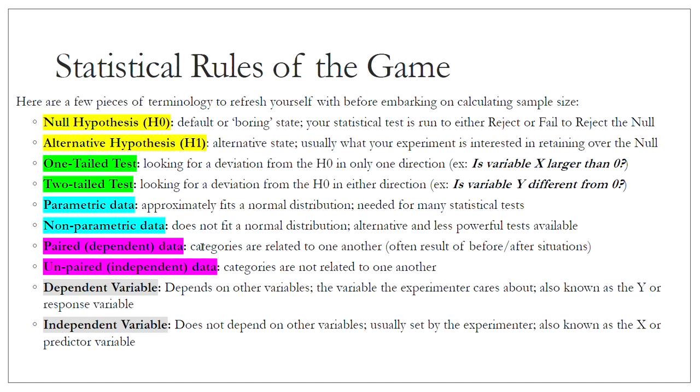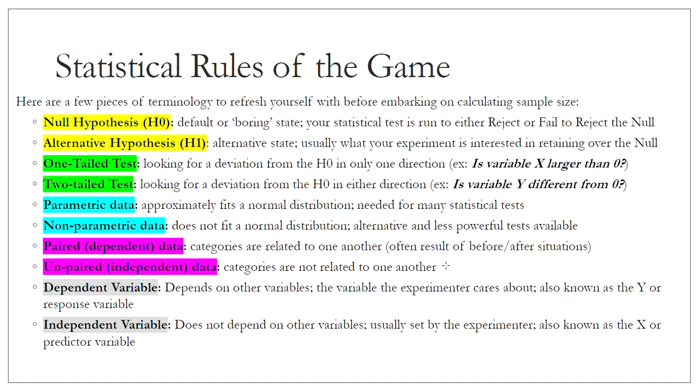Also, paired dependent data categories are related to one another, often results of before and after situations. They could also be the same person measured, how big is my hand and how big is my foot. Well, I am the paired information, and it's my hand and my foot size. Unpaired or independent data categories are not related to one another.